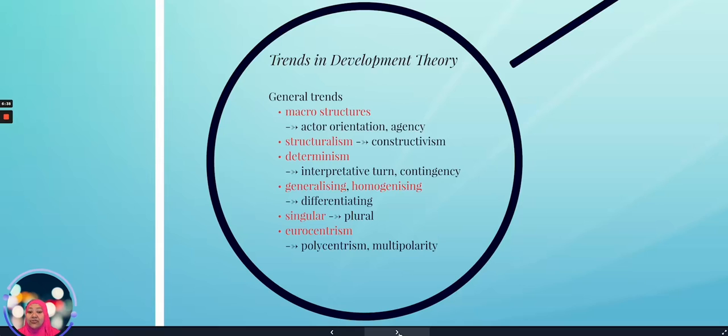In terms of structuralism, before the Cold War ended, everything is very structured. Everything must follow one pattern, must follow one direction. But after the Cold War ended, and in the late 20th century, some countries or all countries, they can construct their own rules.